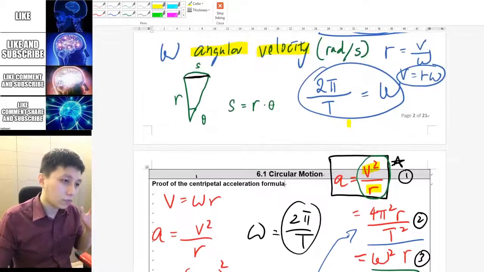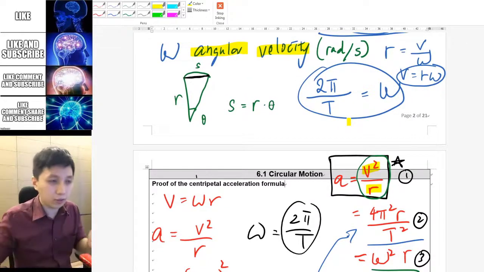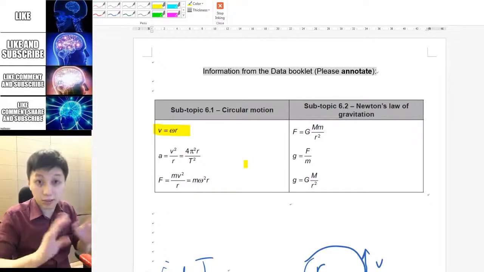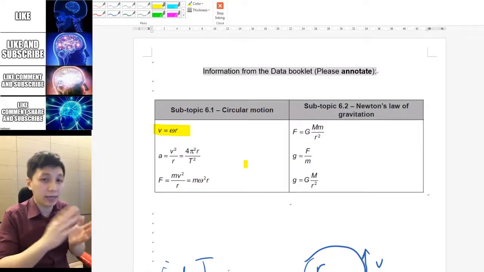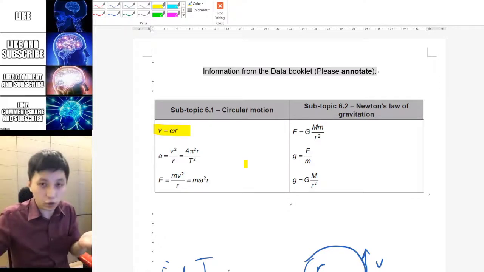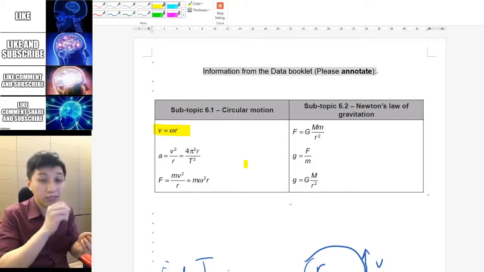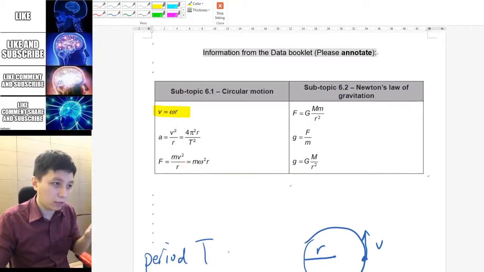And so the last thing that I would like you to do, which will be good for you in the long term, is go to your data booklet, not this question booklet, but the actual data booklet that you have, because as I always tell you, you should keep an actual data booklet throughout the whole journey of IB Physics. Whenever you study each chapter, you're going to put down some reminder for yourself. So here, a reminder for yourself is that there are 4 centripetal acceleration expressions.